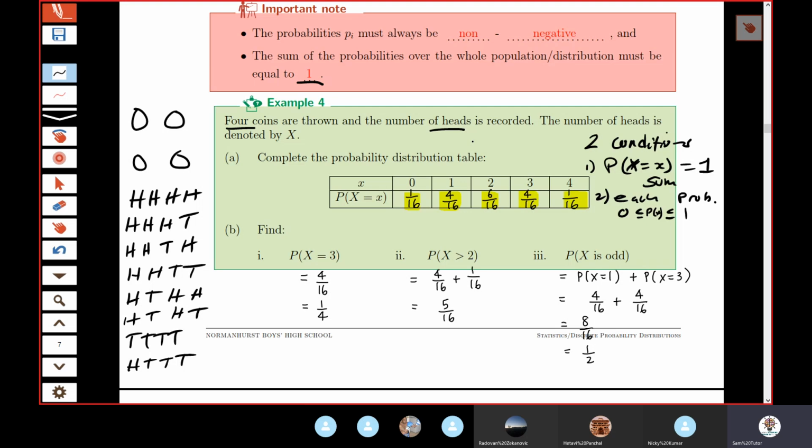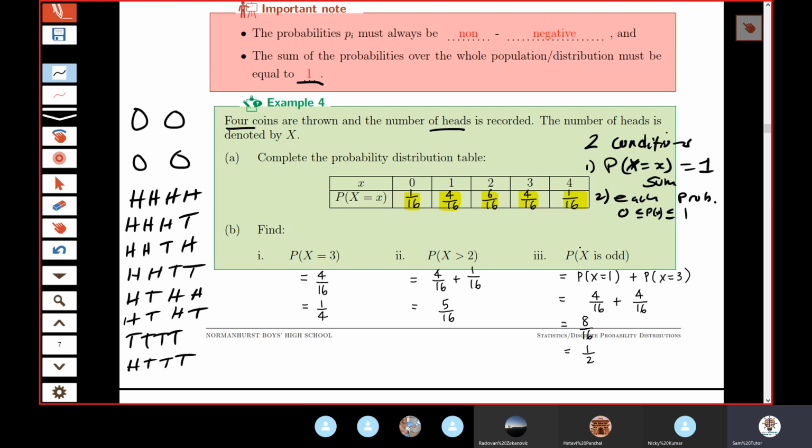All right. If we don't have any questions, these questions are not too hard. Find the probability of x equal to 3. Well, what's the probability of getting 3 heads? 4 out of 16. What's the probability of getting more than 2 heads? Well, more than 2 heads means 3 heads or 4 heads. So 4 out of 16 and 1 out of 16, which is 5 out of 16.